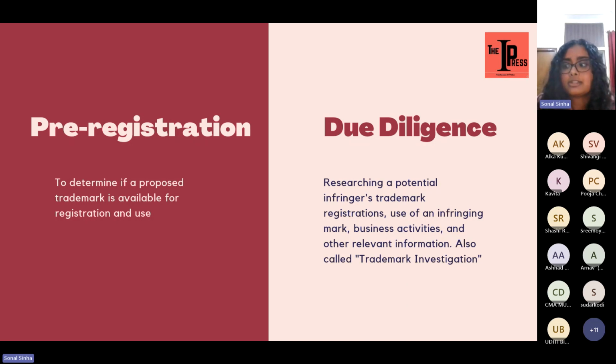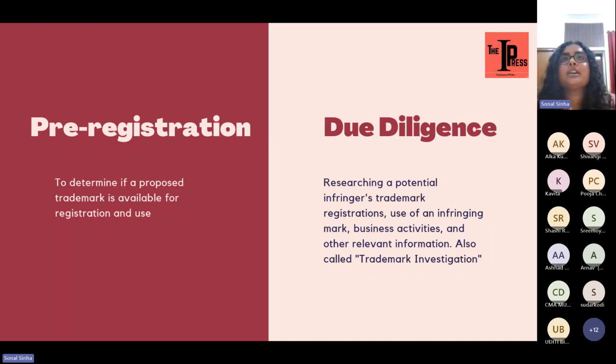If there's somebody else who's using the same or a similar kind of trademark, it's of no use, because you'll end up spending a lot of money in litigation, or you just end up spending a lot of money settling with them and then rebranding your brand or your mark, and that just costs a lot of money. So why go through so much of a hassle? Instead, conduct a trademark search in the very beginning to determine if you should even move ahead with this.